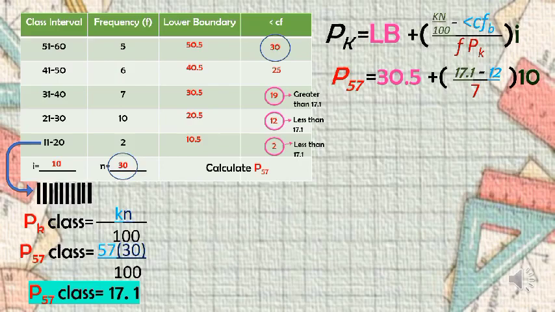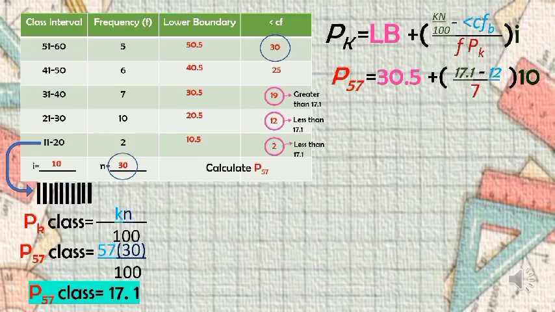So, k times n all over 100 is equal to 17.1. 17.1 minus the less than cumulative frequency before, or less than CFB, itong B, ibig sabihin ito before. Ibig sabihin, ang kukunin natin is yung sa baba ng 19. Kasi 'di ba yung 19, ito yung percentile class natin. So, before, which is ito yung sa baba, itong 12.